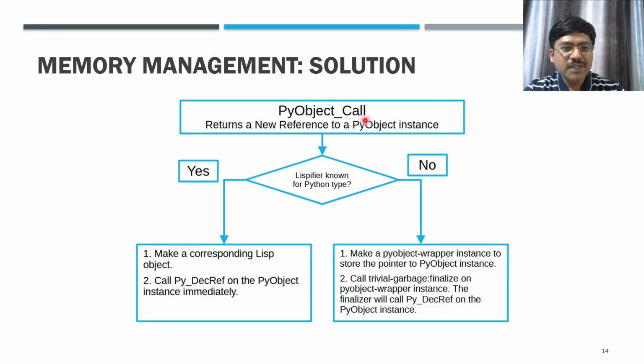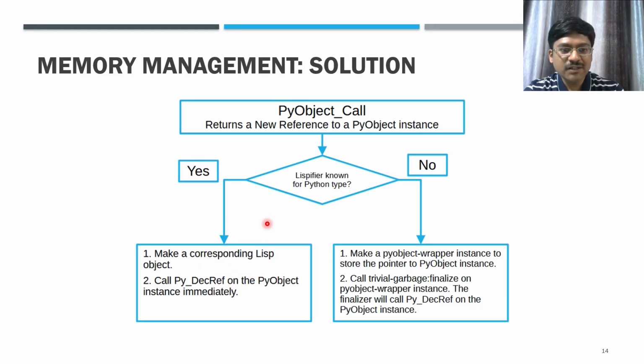So PyObject call returns a new reference to a PyObject instance. Then we check whether this instance can be converted to a corresponding Lisp object. If we know how to do the conversion, we make the corresponding Lisp object and decrement the reference count of the PyObject instance immediately.